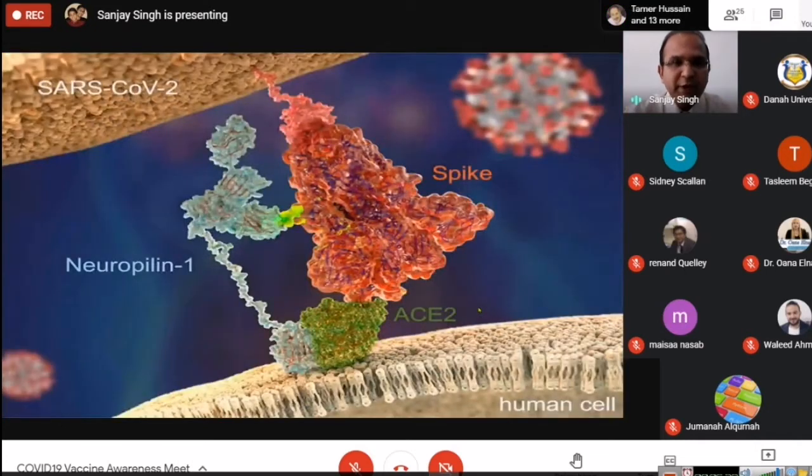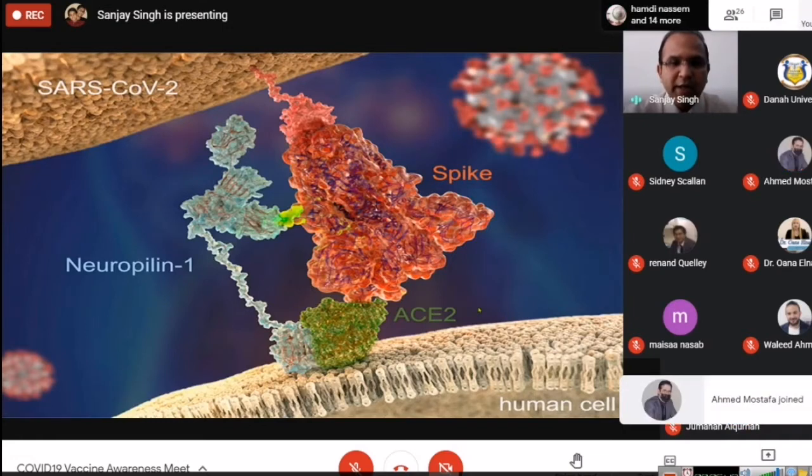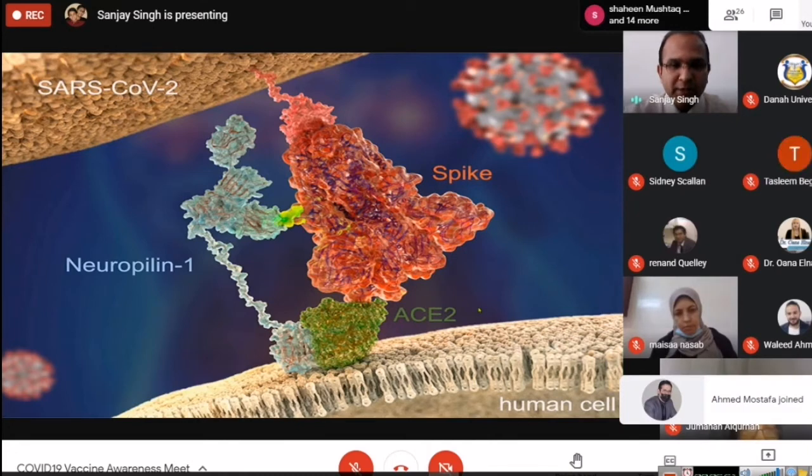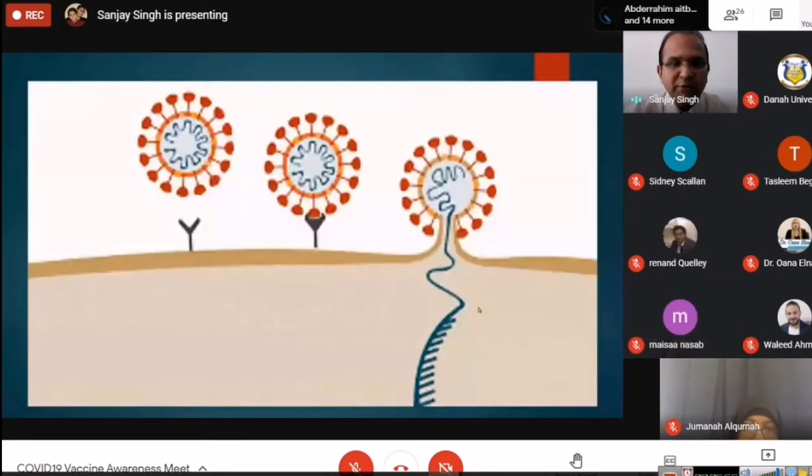This is a representative image of the lock and key it forms with the human receptor. The one in red is the spike protein of the coronavirus. The one in green is the receptor on the human cell. After forming the bond with the receptor, the coronavirus injects its genetic material into the human cell.